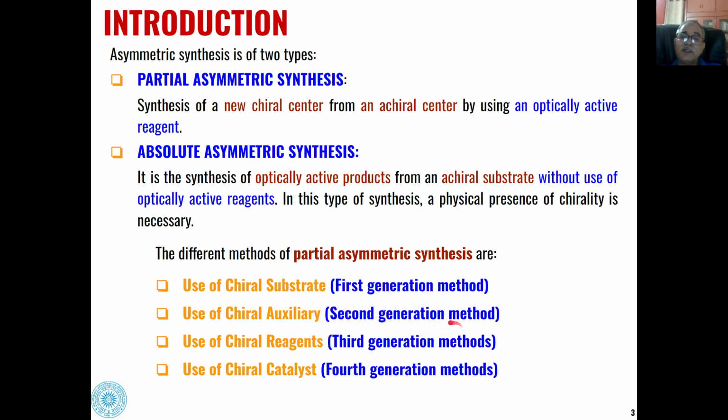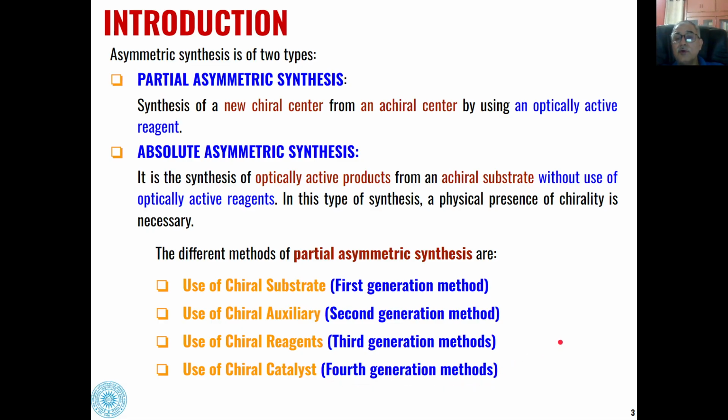Second generation methods, where we will use chiral auxiliaries, that is, we will attach one part of the substrate to some chiral substrate to form an intermediate which will react with another substrate to give us a chiral product. Then we can use chiral reagents which will transfer chirality to the product formed. Our fourth category is where we will use chiral compounds as catalysts, or we can say chiral catalysts.